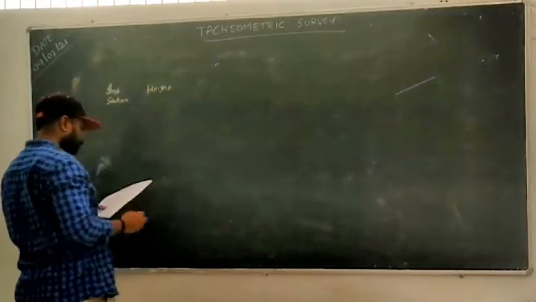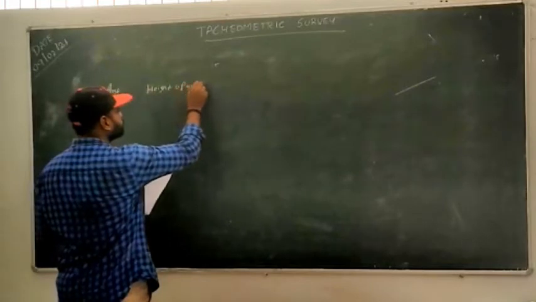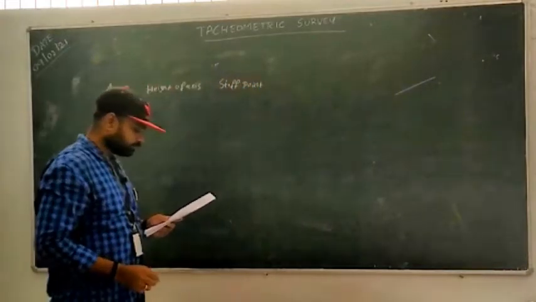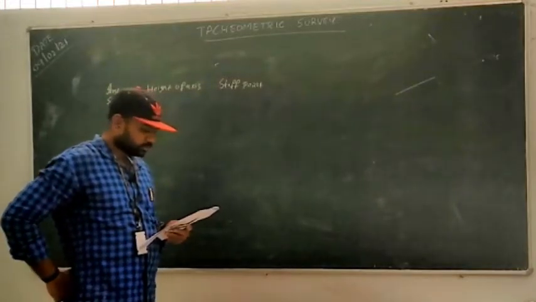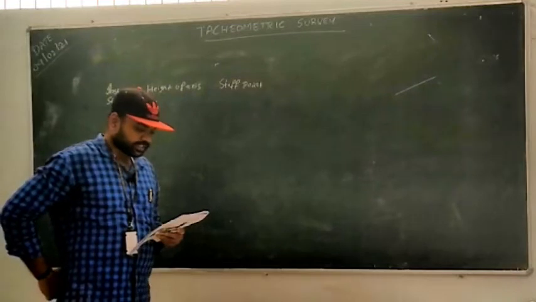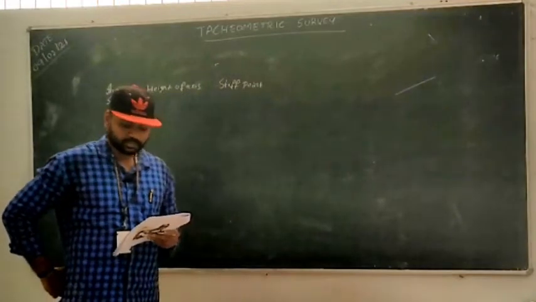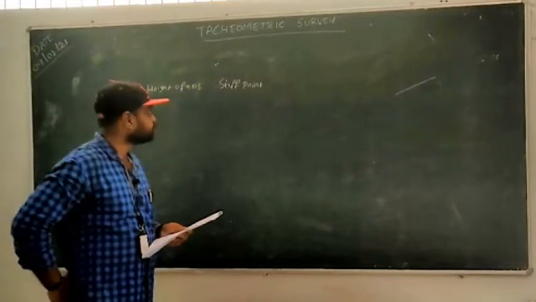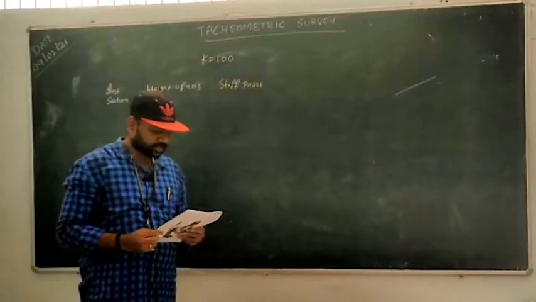The staff was held vertically upon the point, and the instrument is fitted with an anallactic lens, the constant of the instrument being 100.